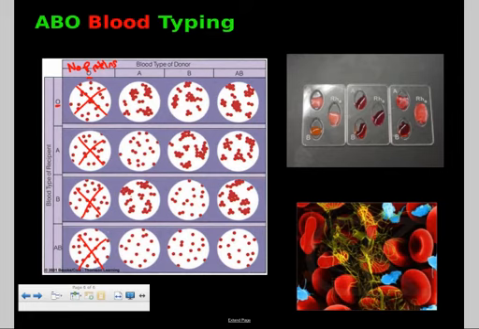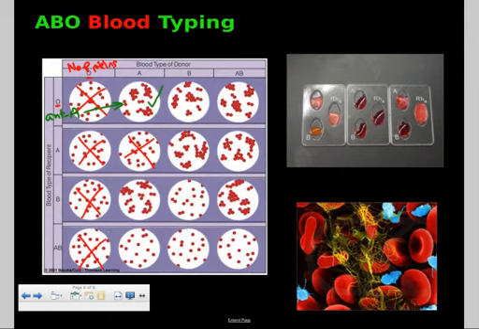But if we add type A to a type O individual, the O's antibodies for A will attack the A blood and we will get agglutination. If we add type A to A, we get no agglutination.